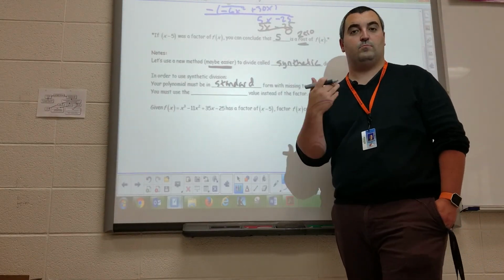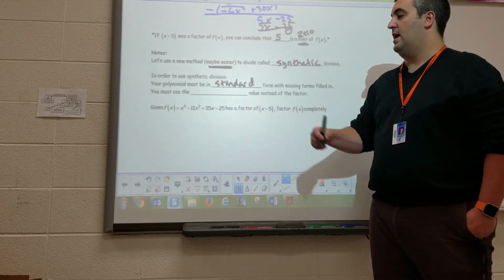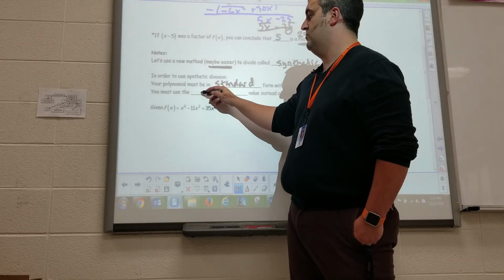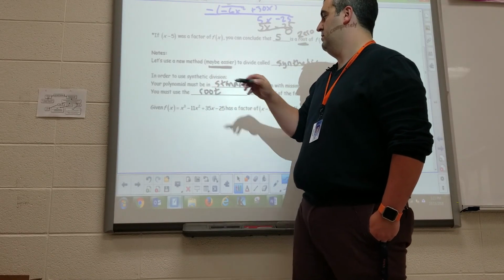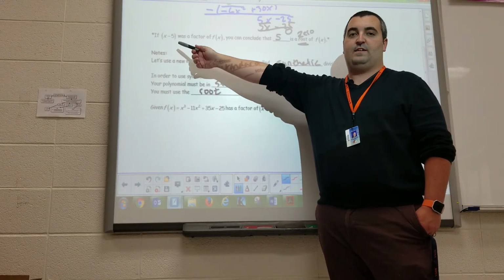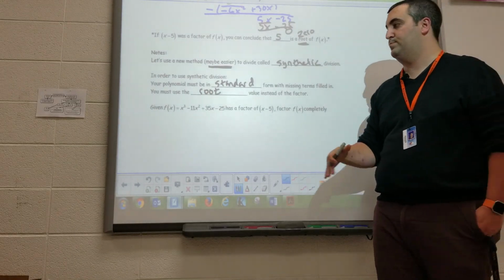So that is where we substitute in a 0 if there's a missing term. And you must use the root value or the 0 value instead of the factor. So like how we said for this one, x minus 5, we wouldn't use x minus 5, we would use 5.